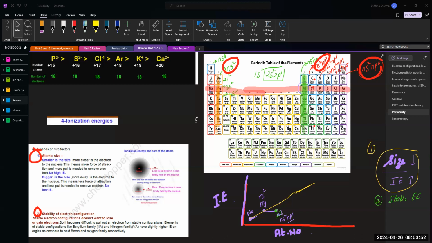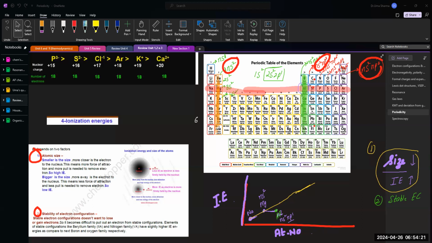Is it okay? Ashwin, you people are getting this? And what is the reason? Give the reason. Because third group elements' electron configuration is less stable than second group elements, or you can say second group elements' electron configuration is more stable than third group.